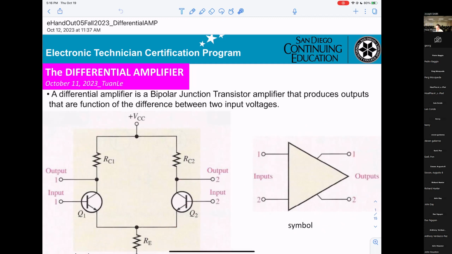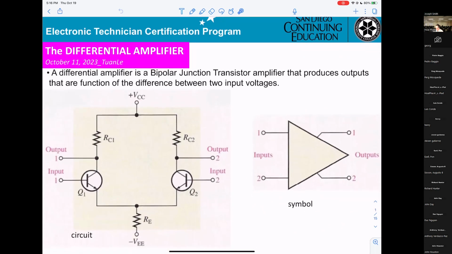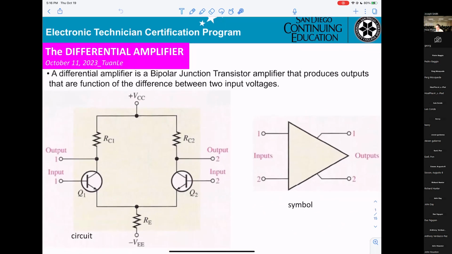Okay, they get two inputs here, input 1, input 2. Okay, output 1, output 2.